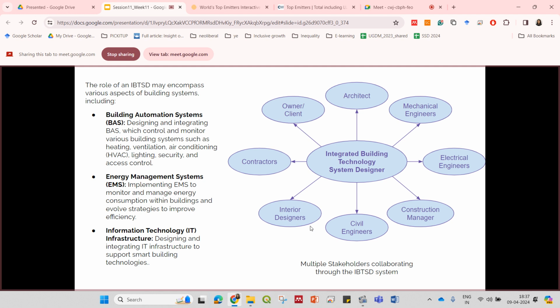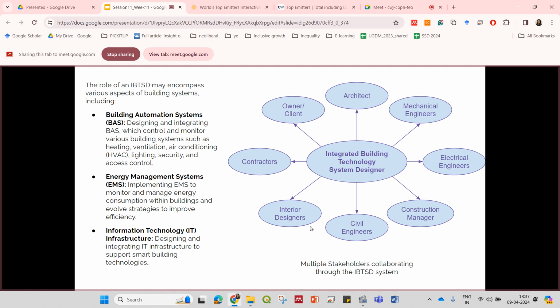It helps in designing and integrating the building automation systems, which can control and monitor various building systems like the heating, ventilation, air conditioning, HVAC, or the lighting, or the security cameras, or surveillance, and also the control of access to the building or the building systems.